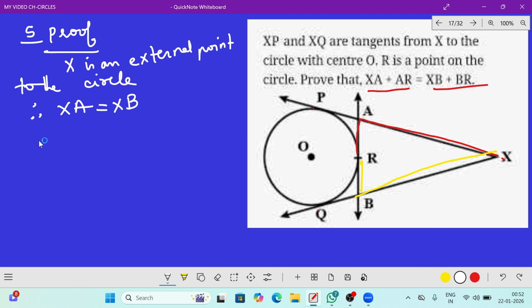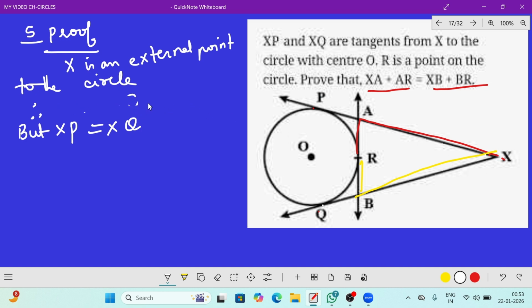But what is XA? It's a part of the tangent. XP is the tangent to the circle, equal to XQ, that is also a tangent to the circle. These are the tangents at the points of contact P and Q. So XA is a part of the tangent, XB is a part of the tangent.